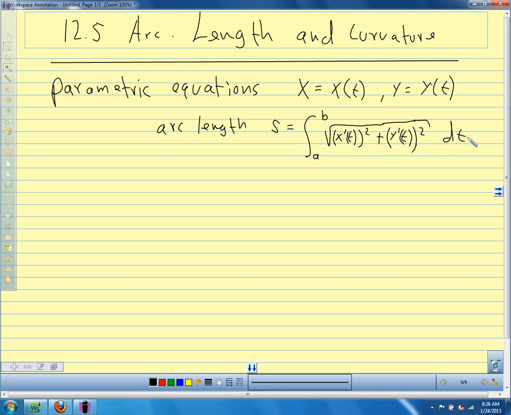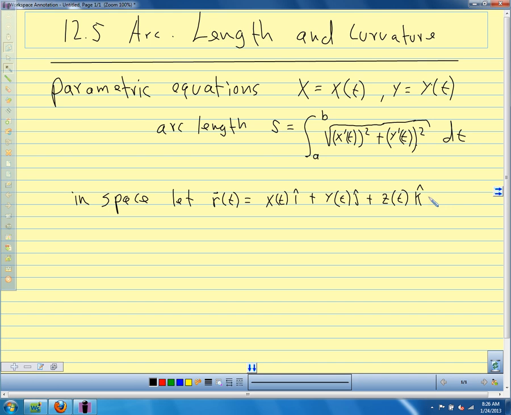So if we let our curve be represented by a vector valued function in space, we have a position vector, r of t, equal to x of t i plus y of t j plus z of t k.